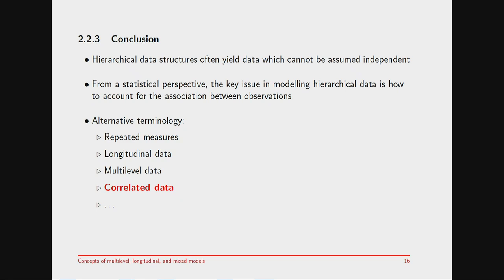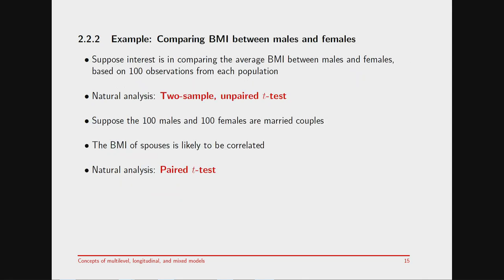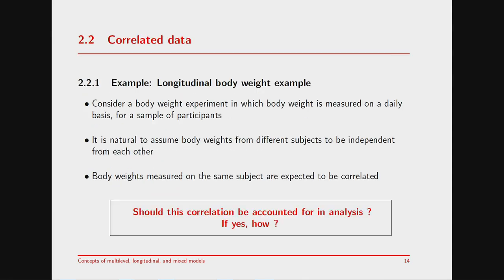So going back to this question, should this correlation be accounted for, we will see yes. Because if that correlation should not be taken into account, we could just happily continue using linear regression models, logistic regression models, Poisson regression models, and all these other techniques that you have already studied in other contexts.